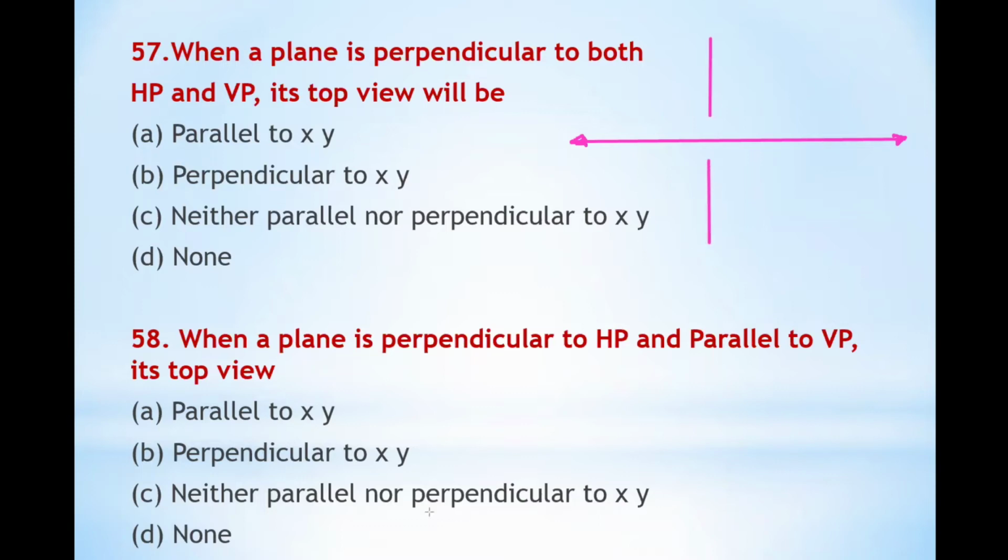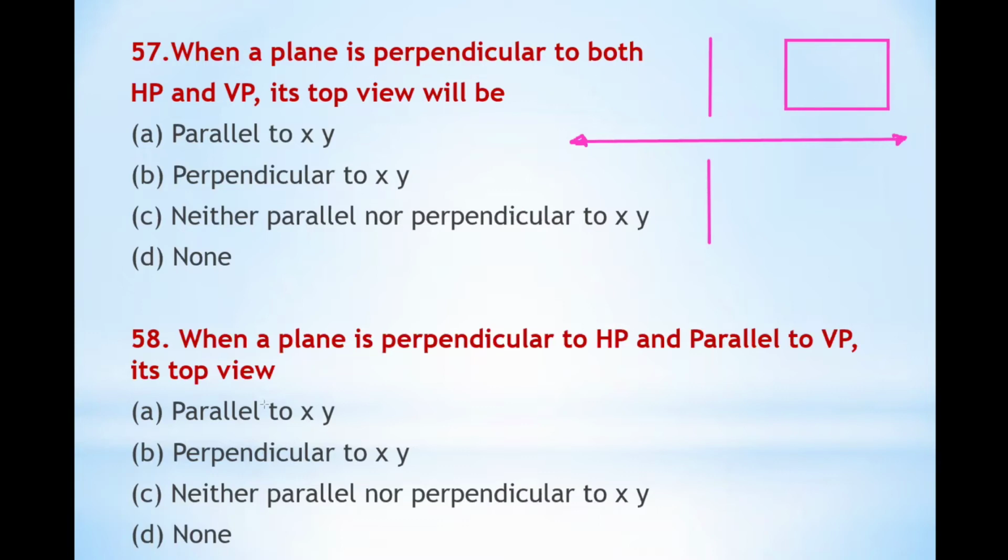Okay, and here, whatever its side view is, we are getting on the profile plane, and it will give its true shape. Suppose I have considered the plane as rectangular, then its true shape we'll get in the side view.